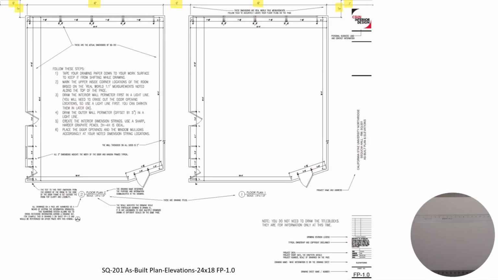Okay, so what we have here is the next handout attachment to the assignment that you want to be referencing. Note that the geometry of SQ201, there's 2 iterations of it on this drawing sheet. This is going on a 24-inch by 18-inch piece of paper.